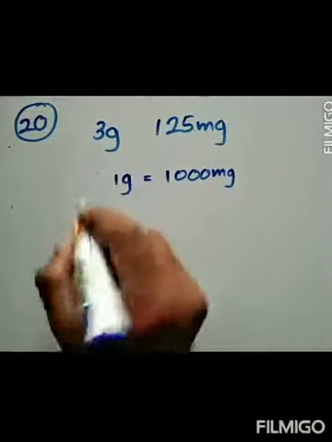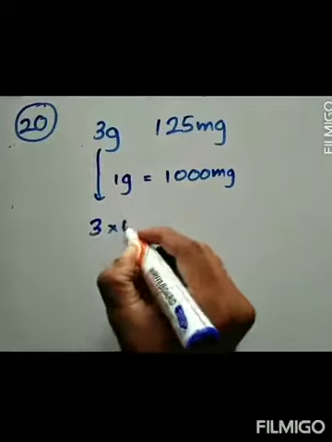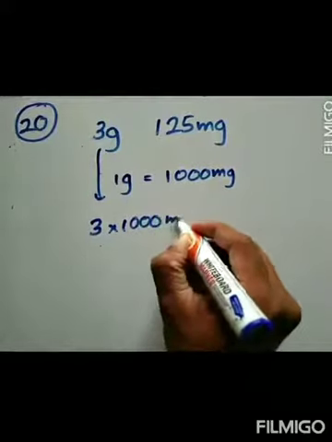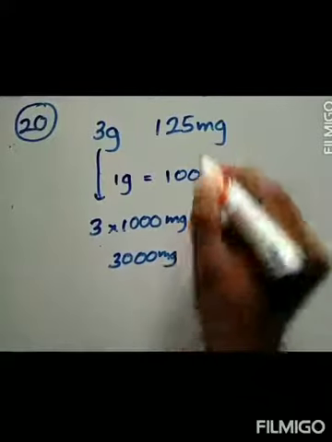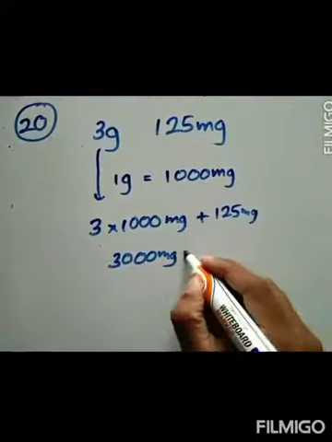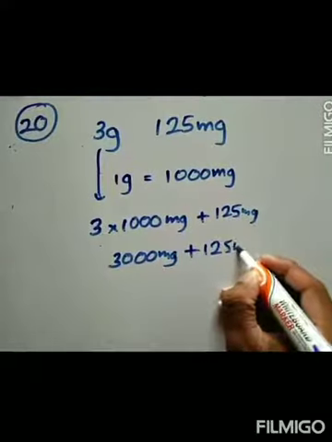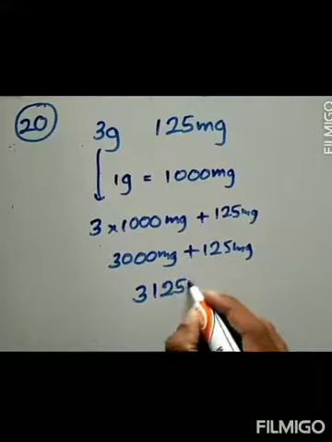Right? Then in here 3 grams, you can multiply 3 by 1000. Then you will get 3000 milligrams. To that 3000 milligrams, you have to add this 125 milligrams. Therefore, the answer is 3125 milligrams.